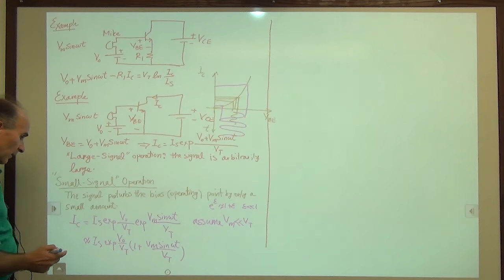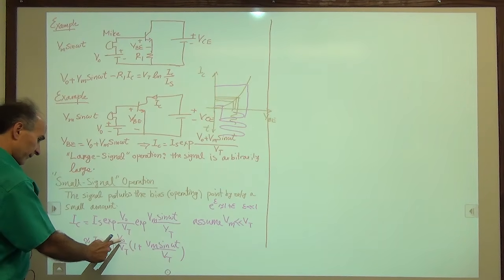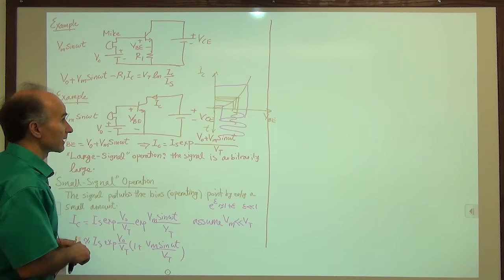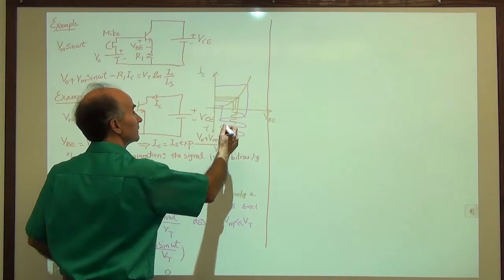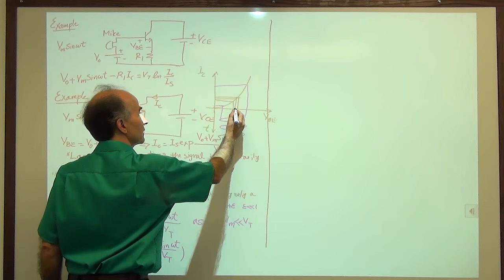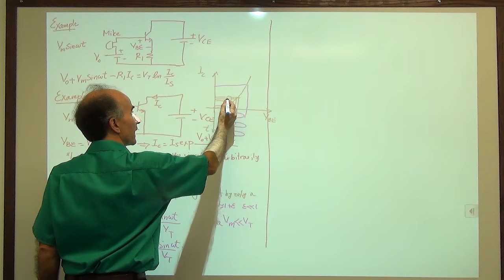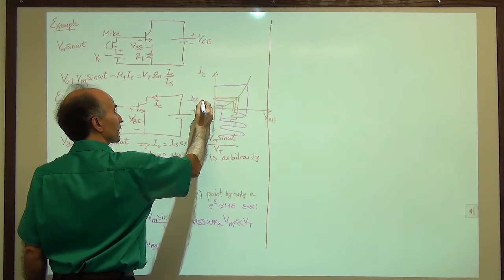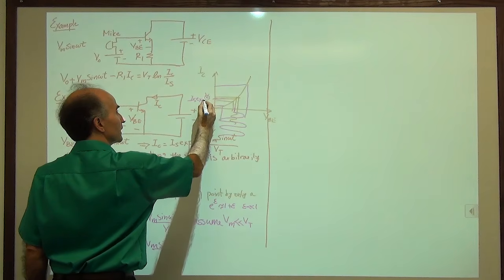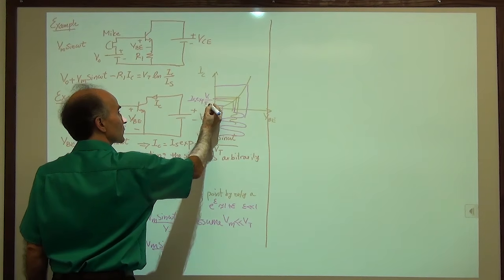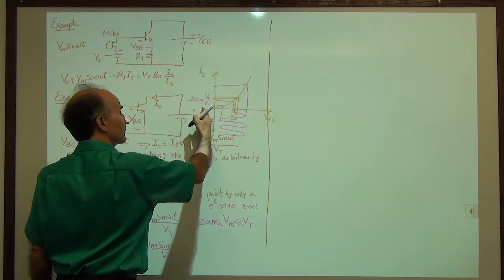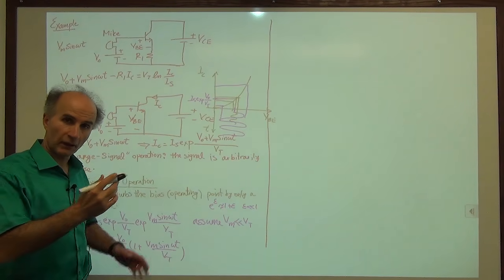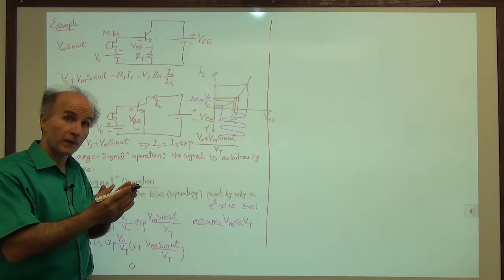Okay, what is Is exp V0 over Vt? If we have V0, V0 is here, right? Remember V0 is here, the bias value. We have Is exp of V0 over Vt. So, in fact, this term is the bias current of the transistor, the collector current of the transistor carries when there is no signal.